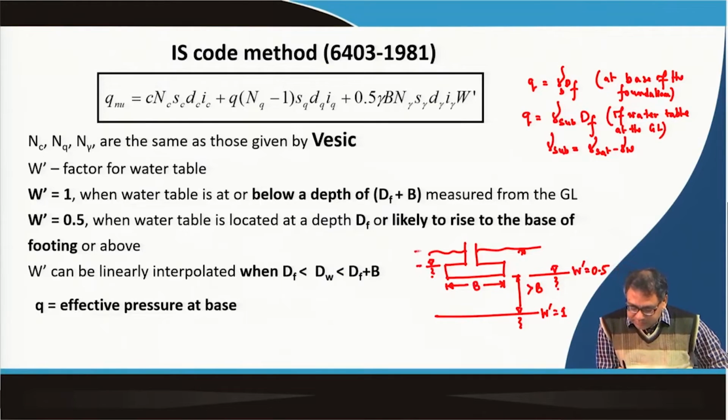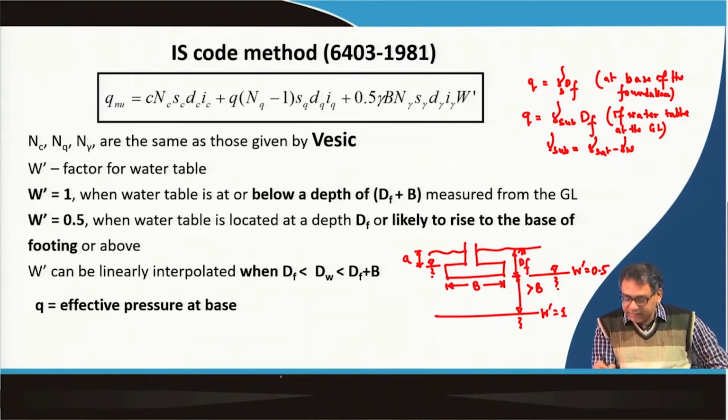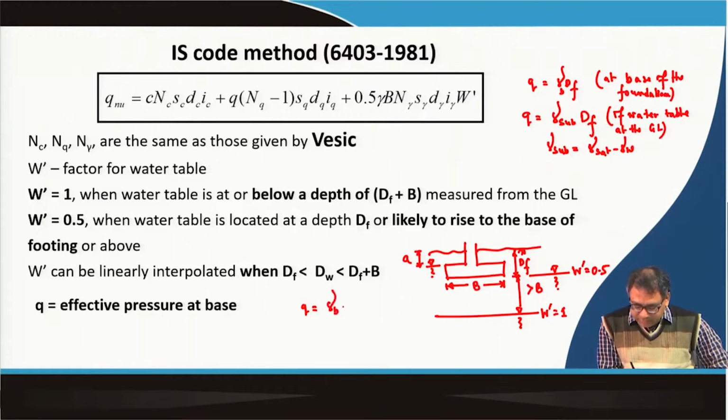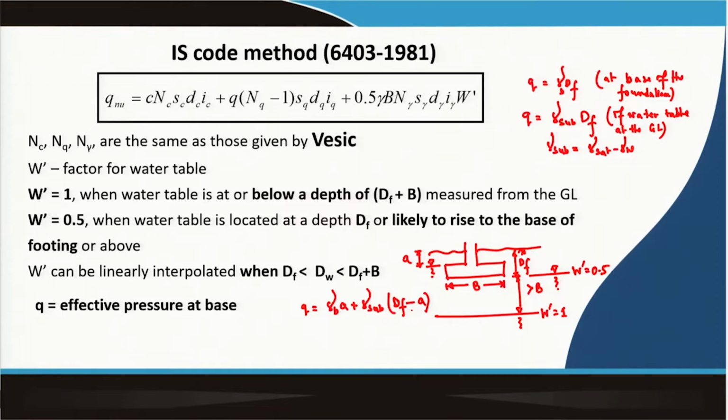So, suppose this distance is say A, and this is gamma df, and then in such a case your Q will be gamma bulk into A plus gamma sub into df minus A. Clear?